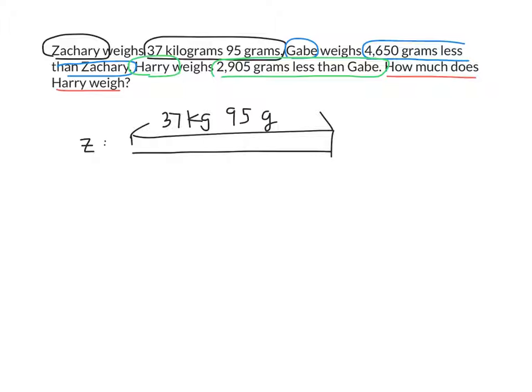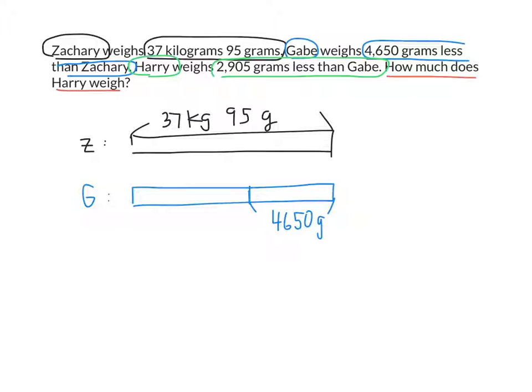Okay. Now Gabe, G for Gabe, does he weigh more or less than Zachary? Everyone, more or less than Zachary? Less. How much less? So let's cut off some of Zachary's weight. How much less? Sanvi? 4,650. 4,650 what?